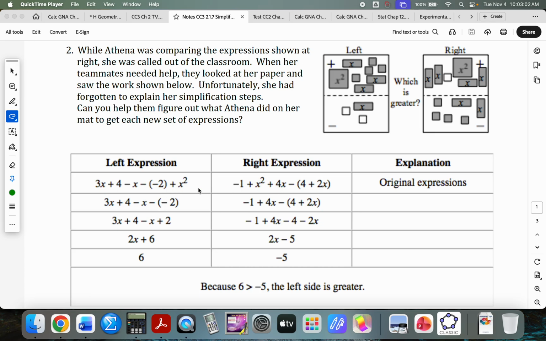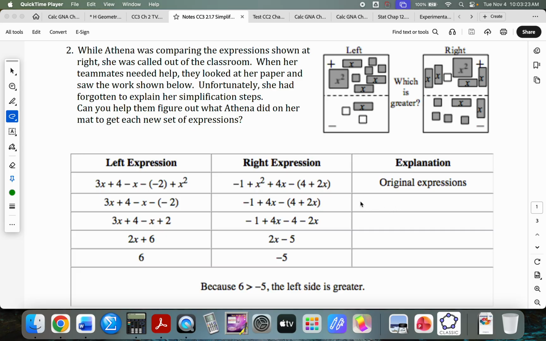So these are the original expressions. So our question is, as we move down to the next one, what has changed? So when we move from this first row to the next row, what has changed at this point? Quentin? She took out the x squared because both of them had x squared.